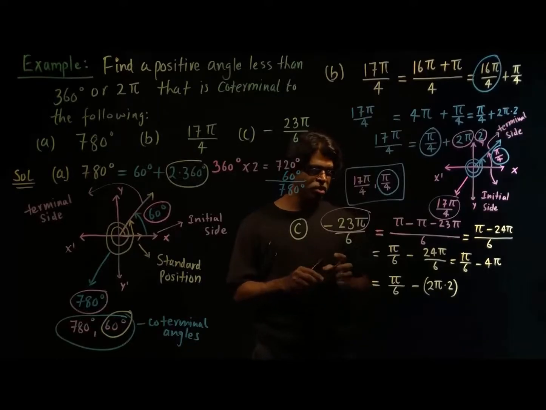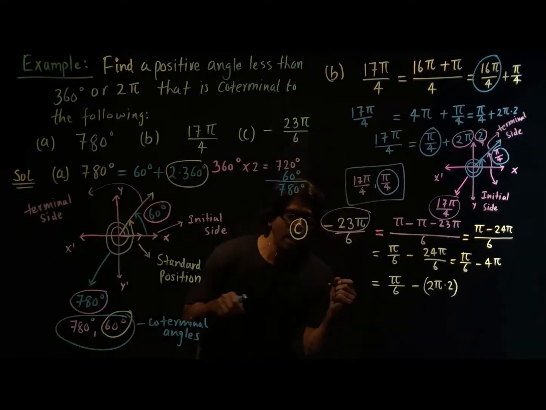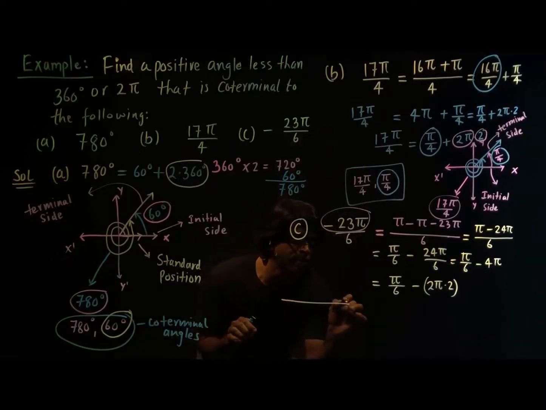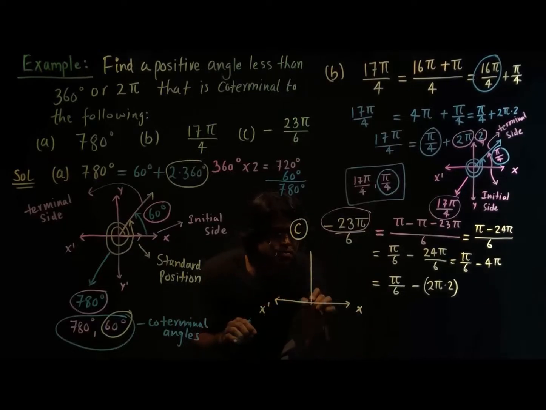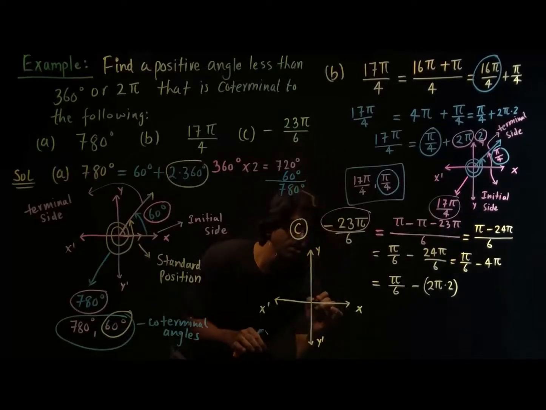Now it's time for us to graph. So I'm going to consider my x-axis. This is my x-axis and this is my y-axis. As you can see, this is my initial side.